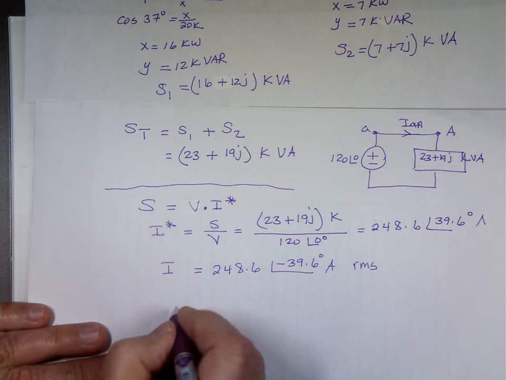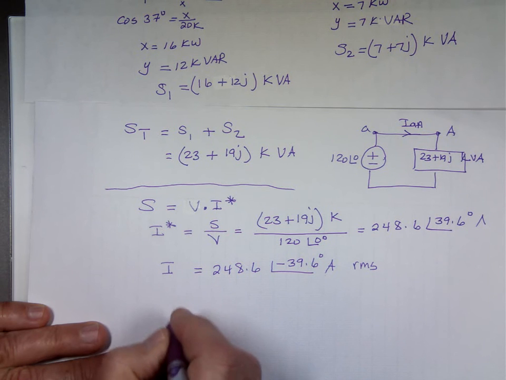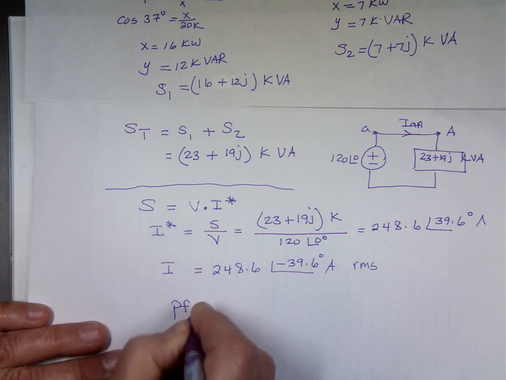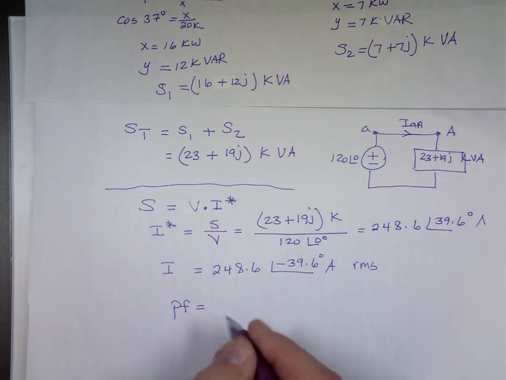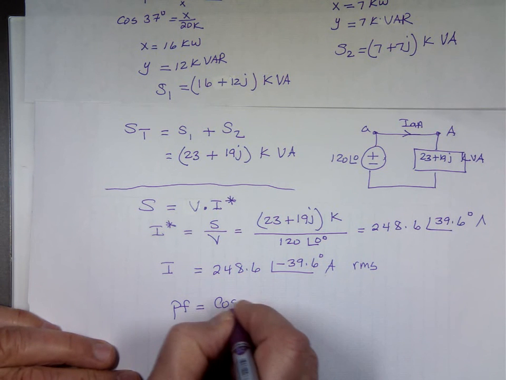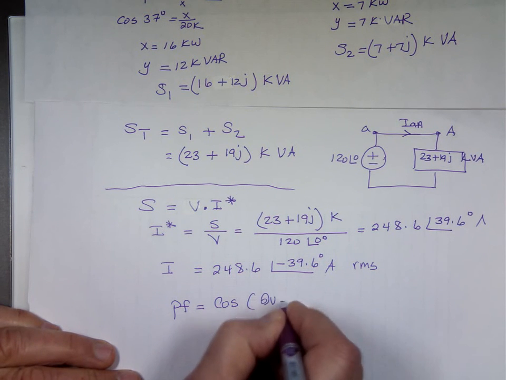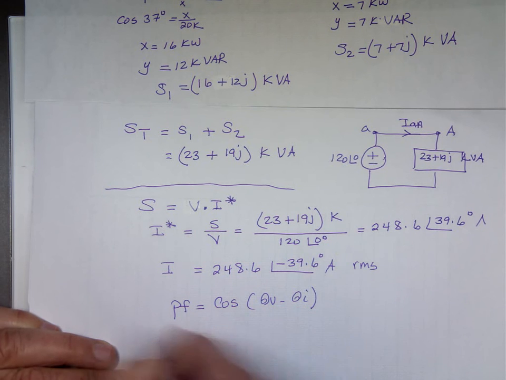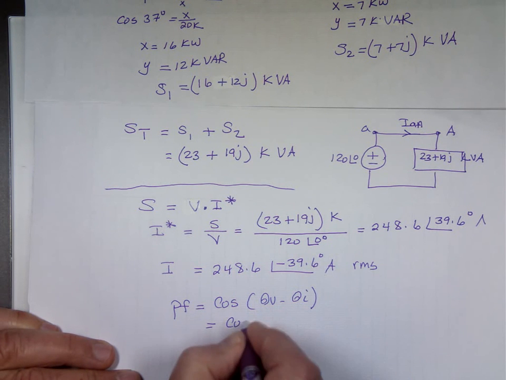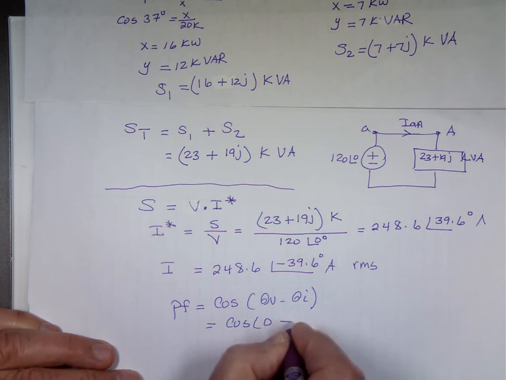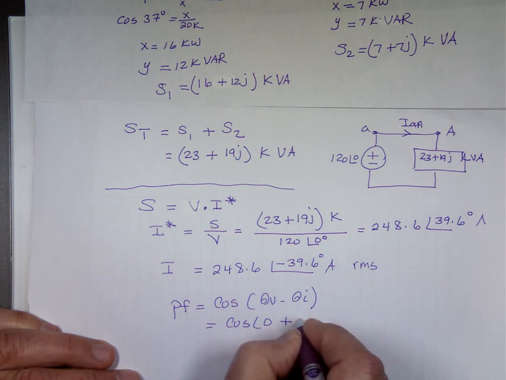The question, what's the power factor? Power factor is equal to cosine of theta V minus theta I. My theta V is 0 minus my theta I, which is negative, so that will make it a plus.